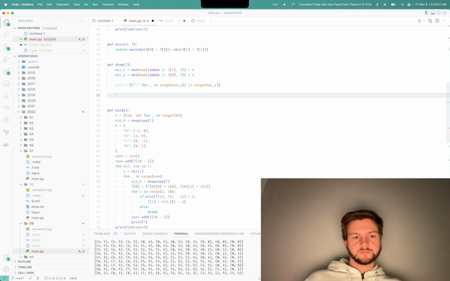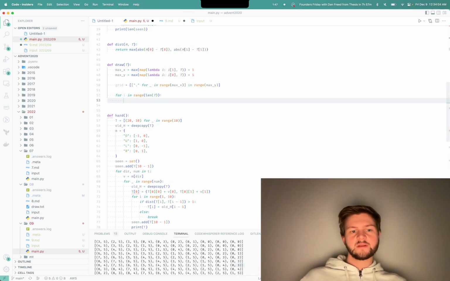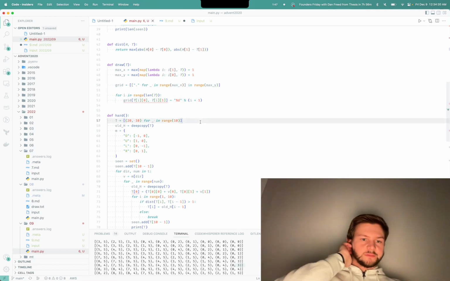And now for i in t, got grid of t0, e0, ei1 equal to i plus 1 as a, okay.